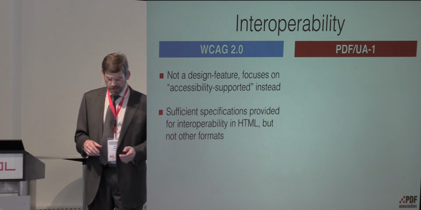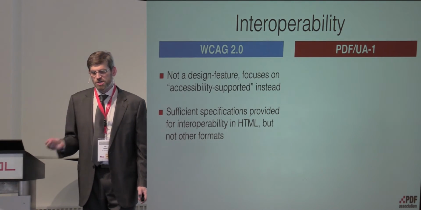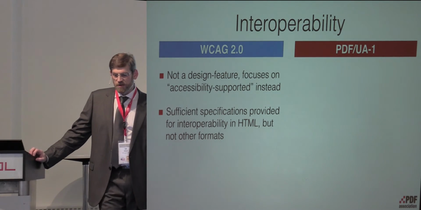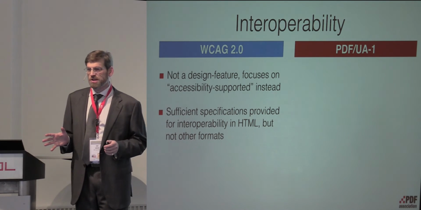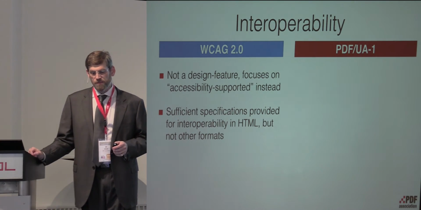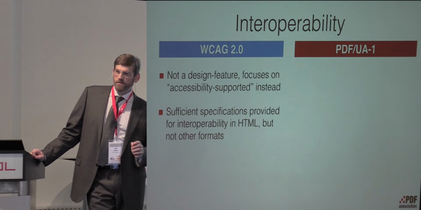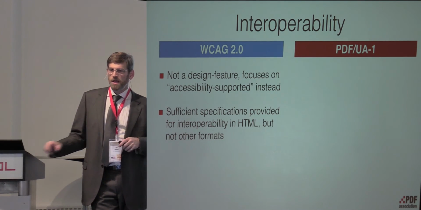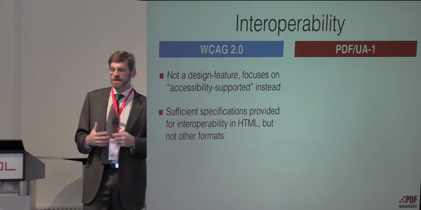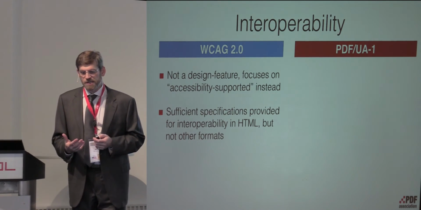In WCAG 2.0, interoperability as such is not a design feature of the specification. It has a concept instead that they call accessibility supported, and I'll mention that in a moment. WCAG 2.0, however, is really very much a standard that's specific to HTML and the web and that classical web content technology.